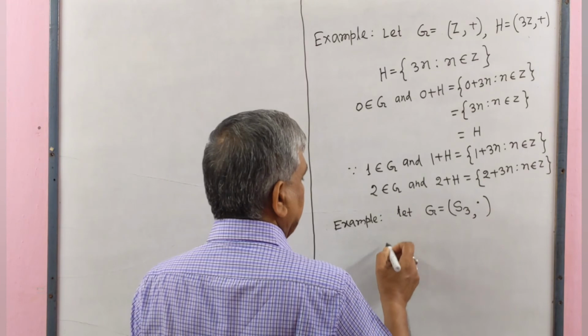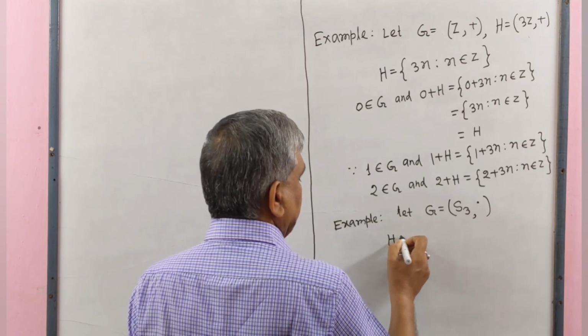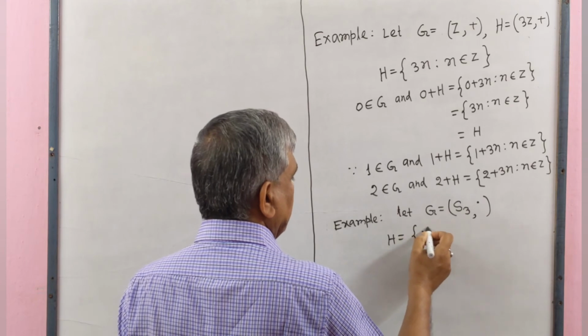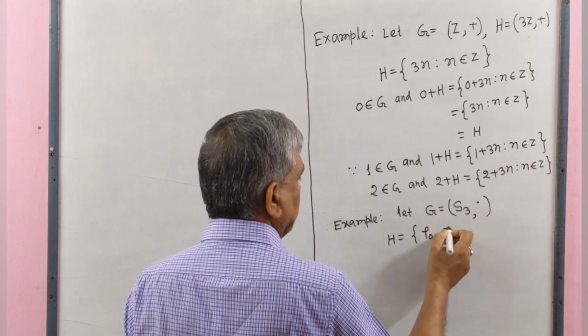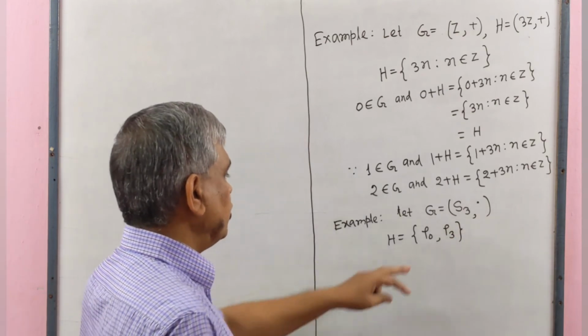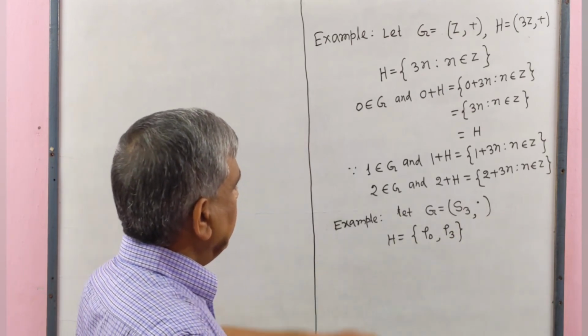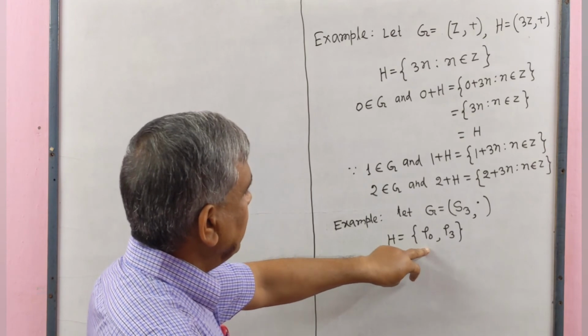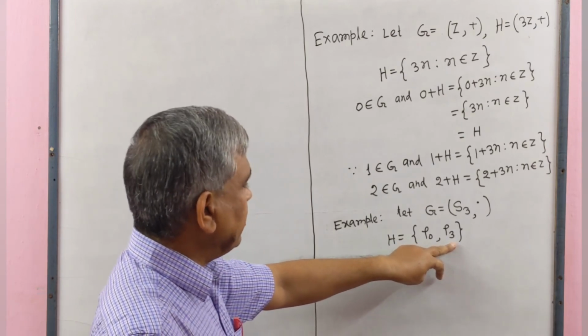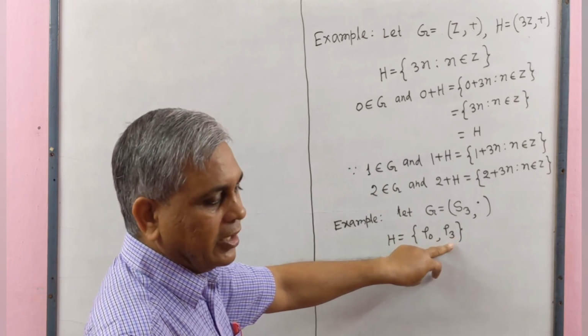Let H, a subgroup of S3, be {rho 0, rho 3}. Rho 0 is the identity permutation, and rho 3 is another permutation of 2 cycle.